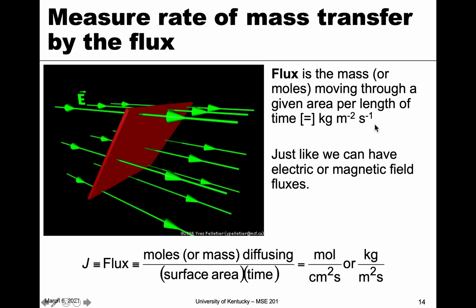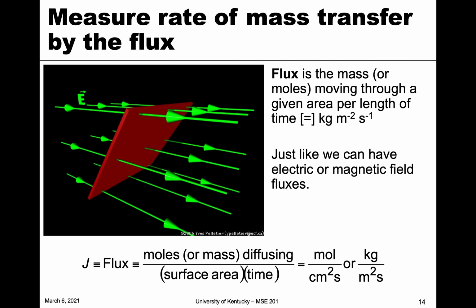So this is defined as the mass, or you can also talk about the moles moving through a given area. So that's the red portion here, and then the green, even though it says E, this is the mass. This is just a better image for it. And it's doing that per length of time. So how much mass passes this area per length of time? That's the definition of flux.